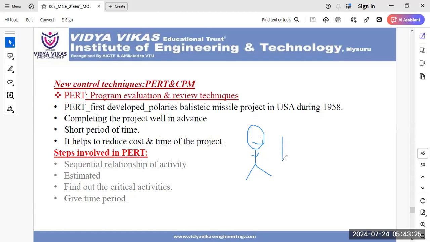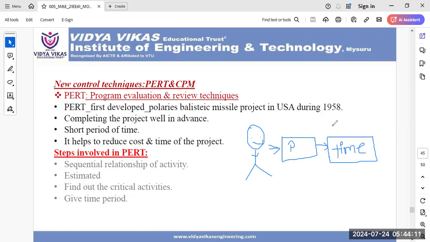He will get a certain project from the company, that is project P, and he needs to complete the project within a certain period of time. I don't know what amount of time.